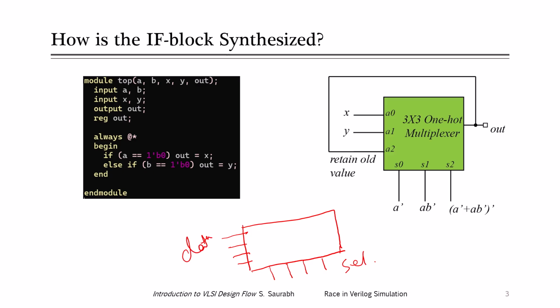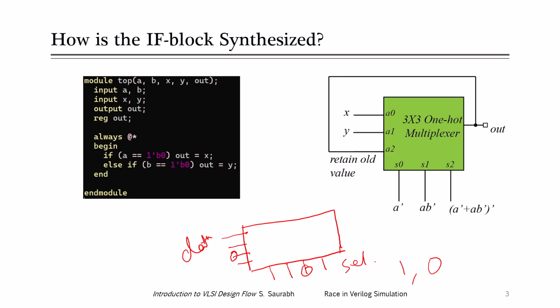Out of these select lines, only one of them can have a value of 1. The rest all will have a value of 0. Suppose the third select line has a value of 1. Then the corresponding data line, that is the third data line, will get selected. This is the functionality of a one-hot multiplexer.